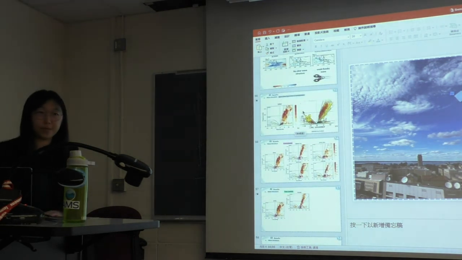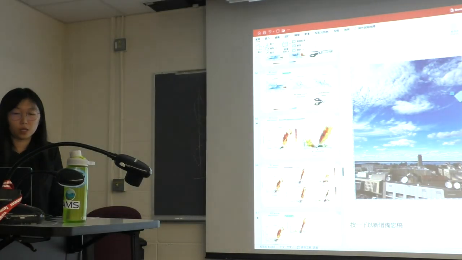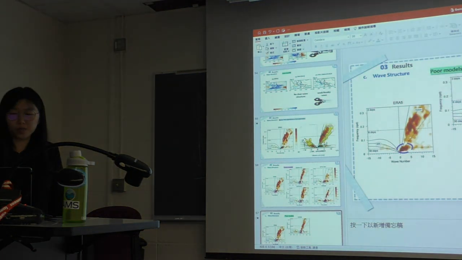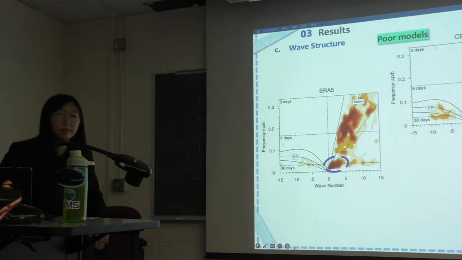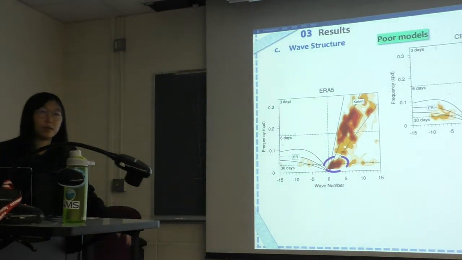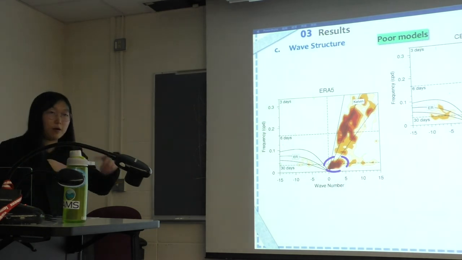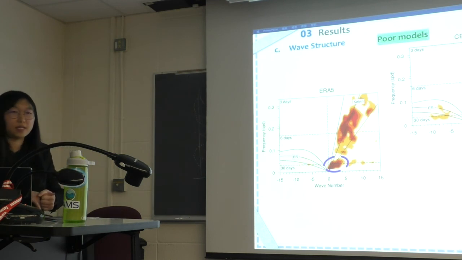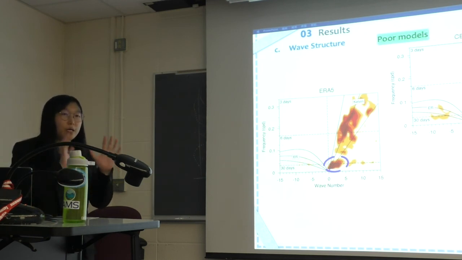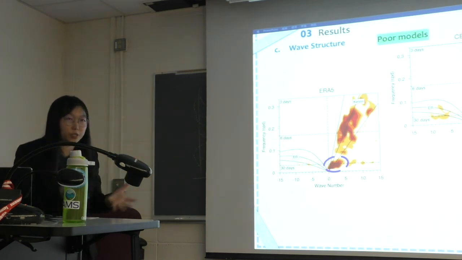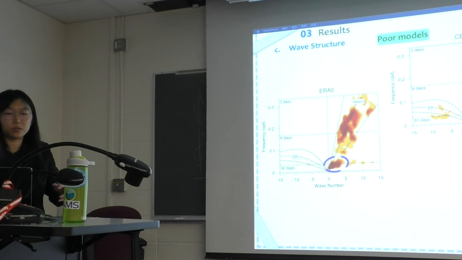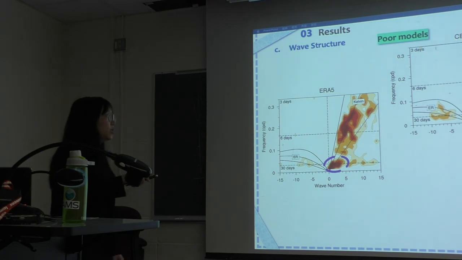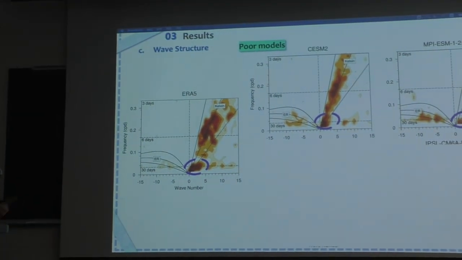You mean the Kelvin wave in the model simulation? Yes, in the model simulations. So is it always bad in the poor models? Because we only focus on the MJO scale, we think the Kelvin wave in the intraseasonal scale, or in my studies, is poor in the poor models. But it doesn't mean the model has a bad Kelvin wave across the whole time scale and whole region, because you can see that in this poor model, they also show a very strong Kelvin wave in the time scale 3 to 6 days in the tropical band.